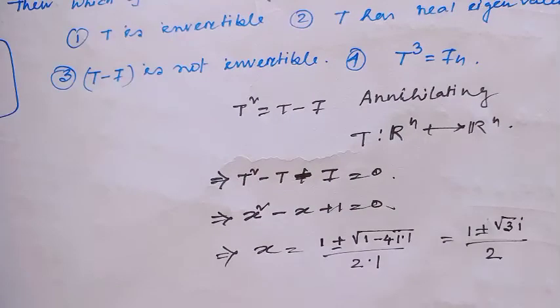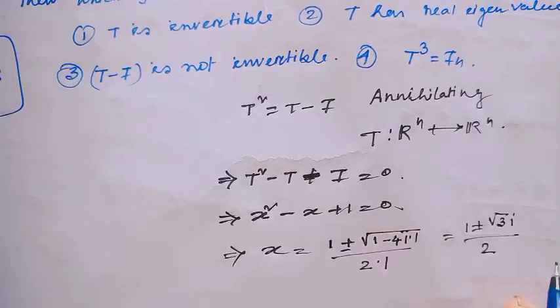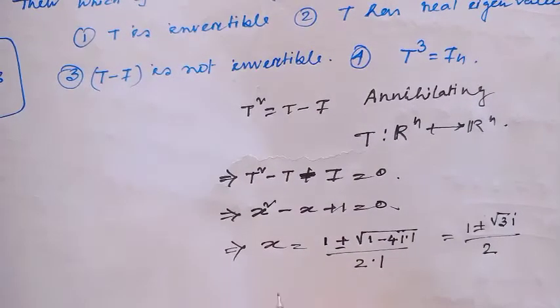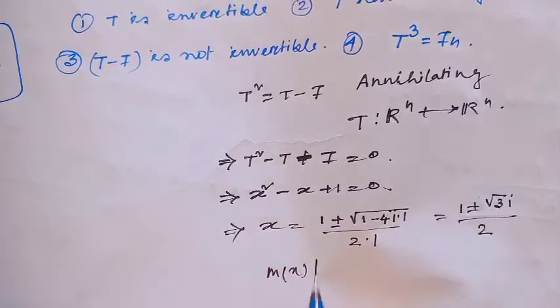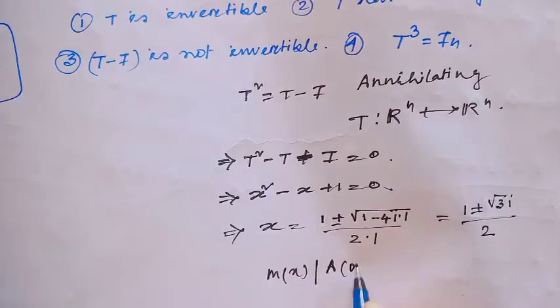This implies x equals 1 plus minus root 3i over 2, and all of us know the minimal polynomial always divides the annihilating polynomial.